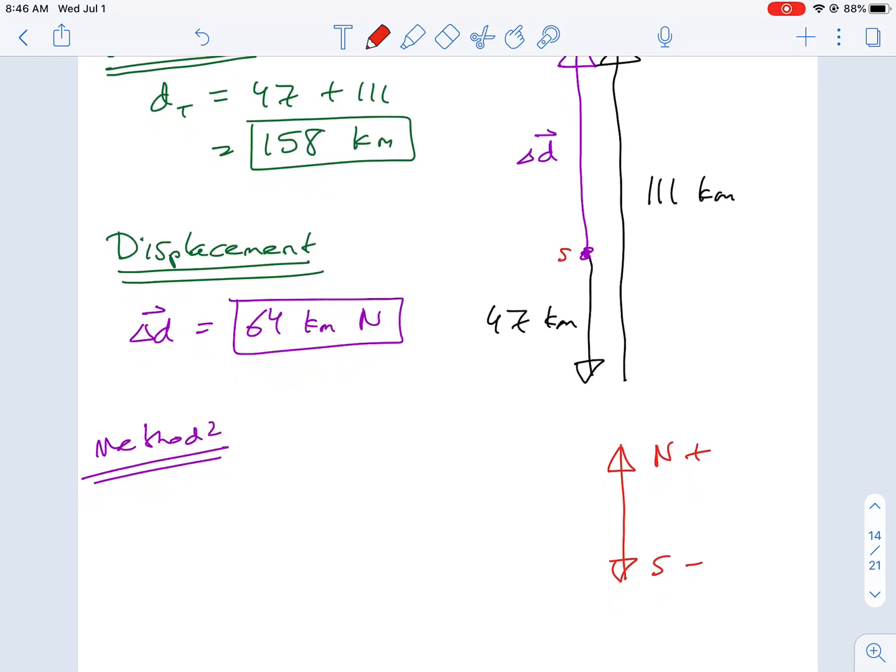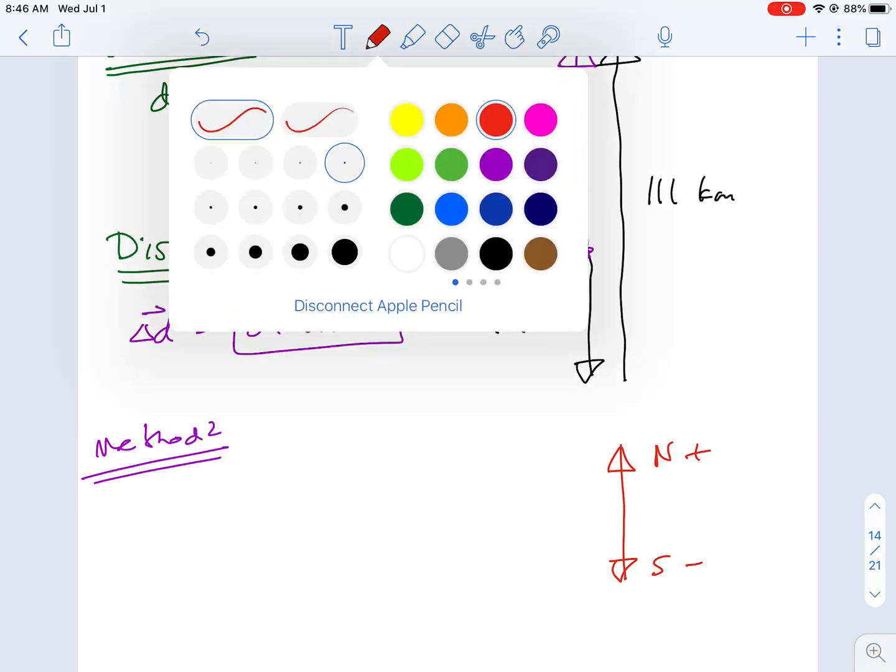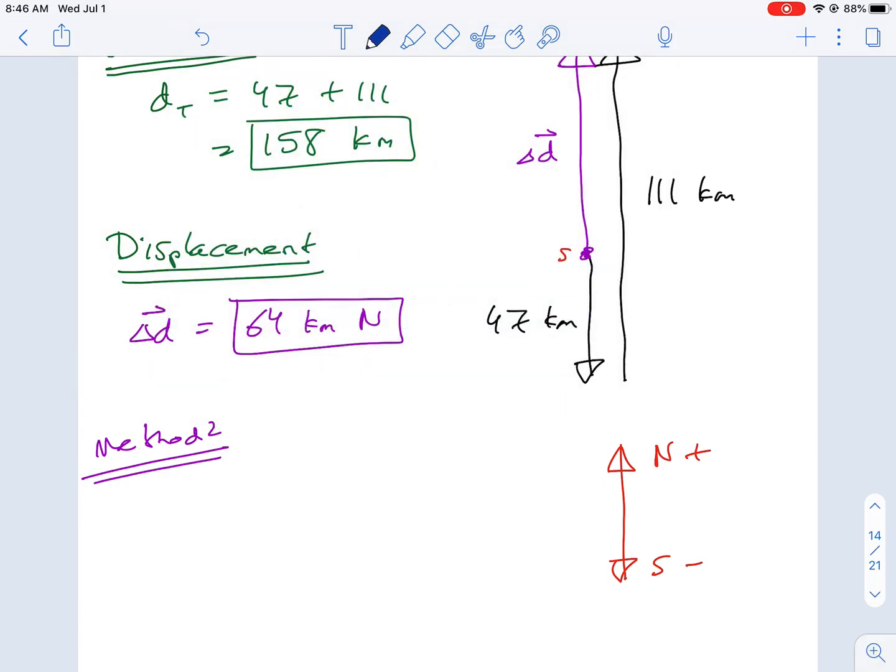The 47 and 111, they are not positions. So I'm going to make this really clear for you. You cannot use this equation in any obvious way because we don't know positions. So this is gone. What you have to realize is that the 47 and 111 both represent displacements.